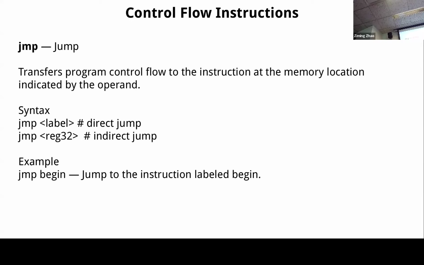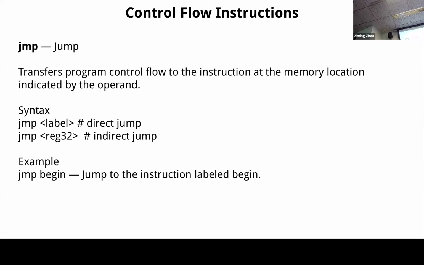The CPU is not going to compare anything. The CPU is unconditionally jumping to some place and keeps executing from that place. This is called a direct jump because even though at the assembly level it's a label, after you compile the code, it becomes a hard-coded address. So this part of the instruction is hard-coded.